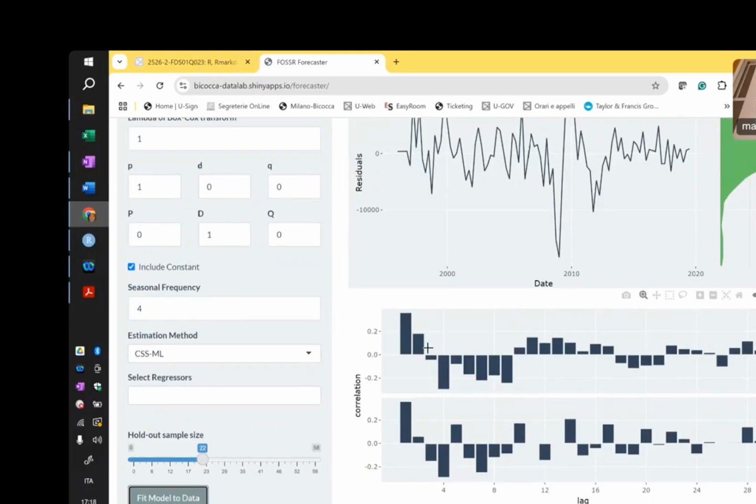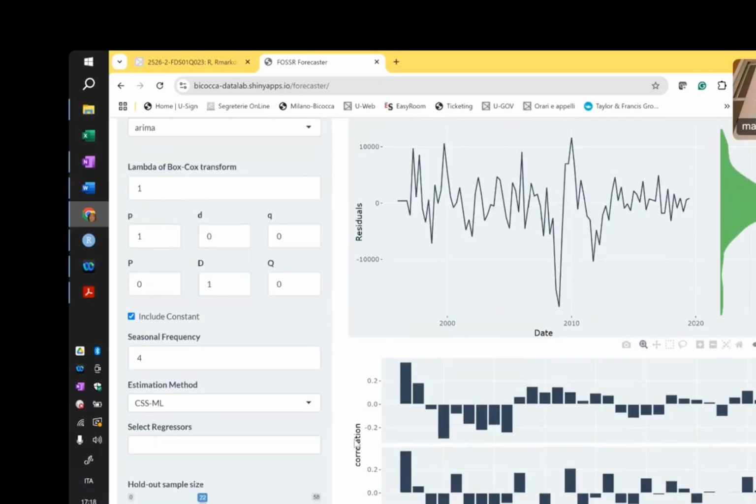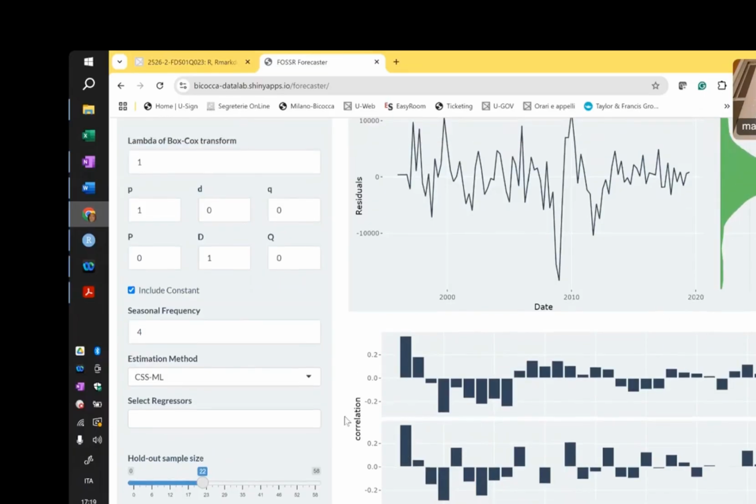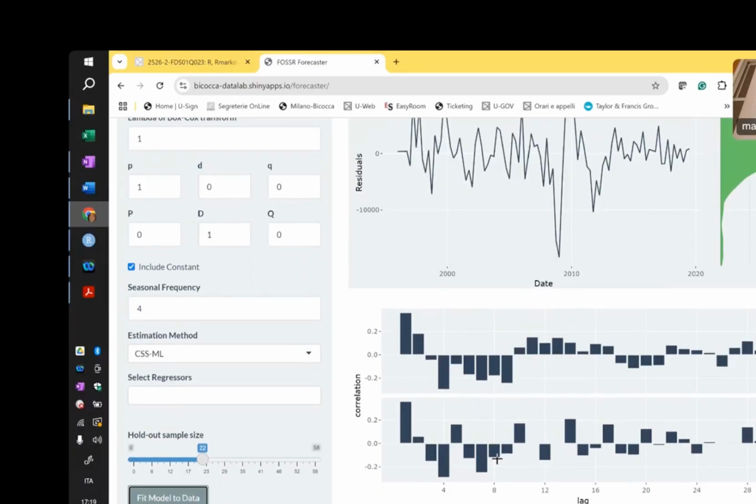Okay, actually, by putting the AR1, we see a lot more things going on. In this case, it's strange because we still see this here. And some are missing.